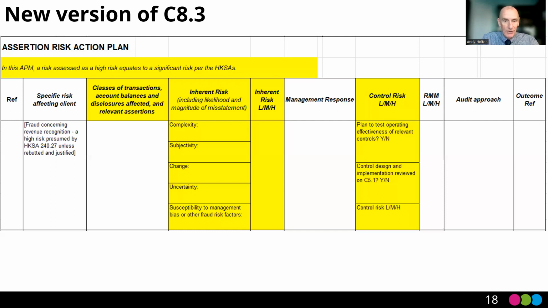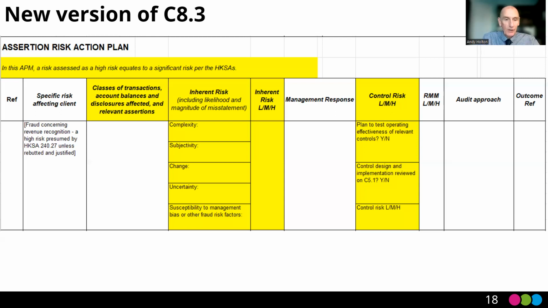So we look at inherent risk, and then we also assess control risk before arriving at an overall risk of material misstatement. But when we look at inherent risk, we need to look at that in much more detail and consider different aspects of the inherent risk. So we need to consider the complexity of the area concerned.